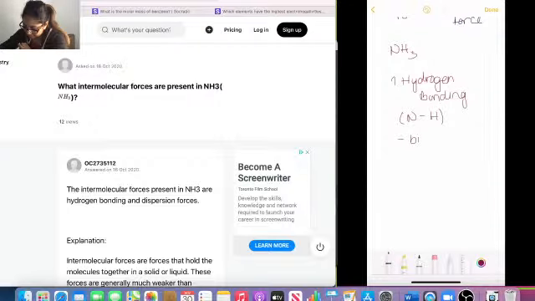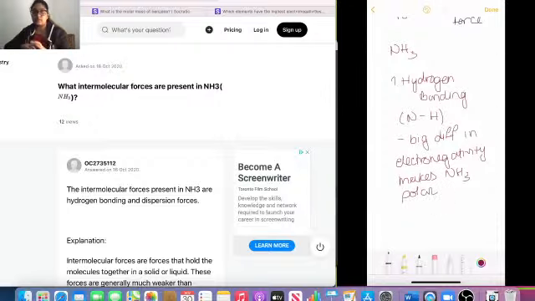So you can say a big difference in electronegativity makes NH3 polar.